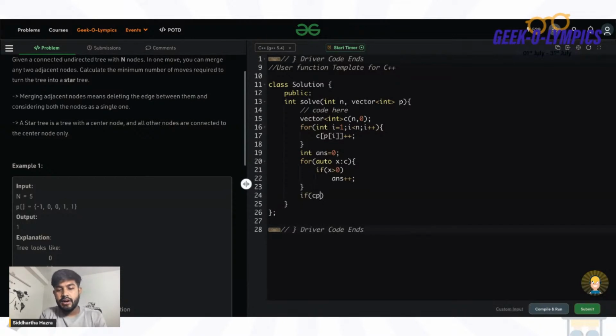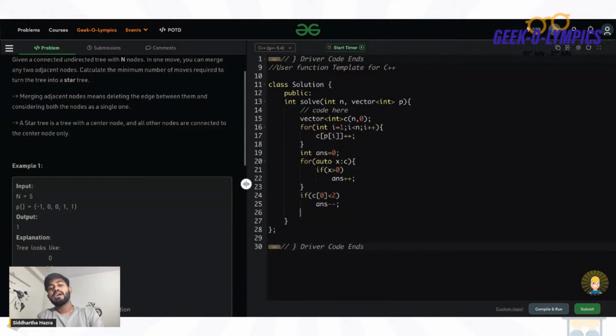If c of 0 is less than 2, then answer minus minus. We don't want to involve it. And then we would return. It can also happen that the number of required operations is 0. So I would return max of 0 comma answer minus 1.